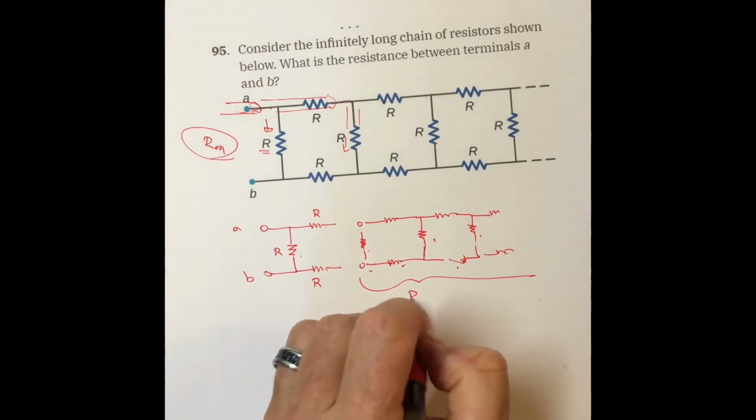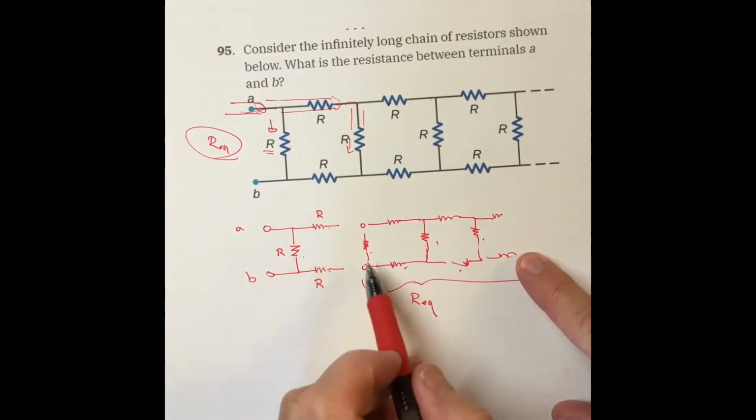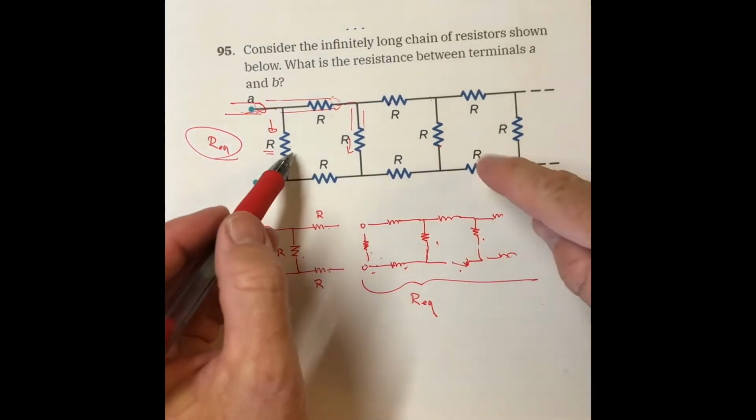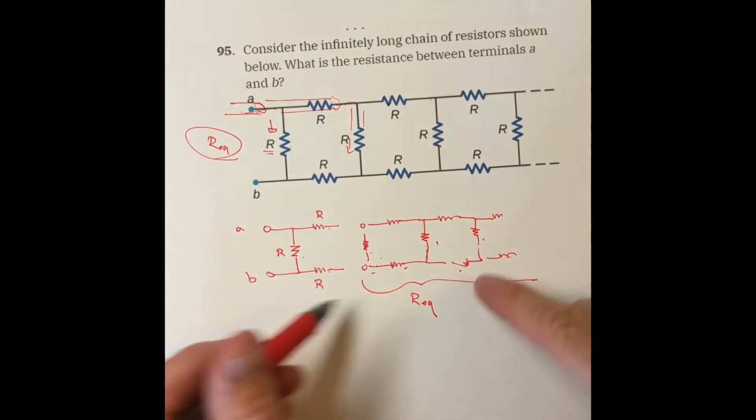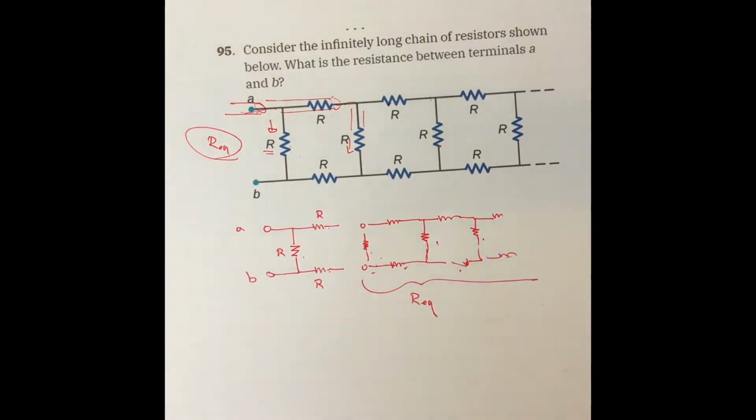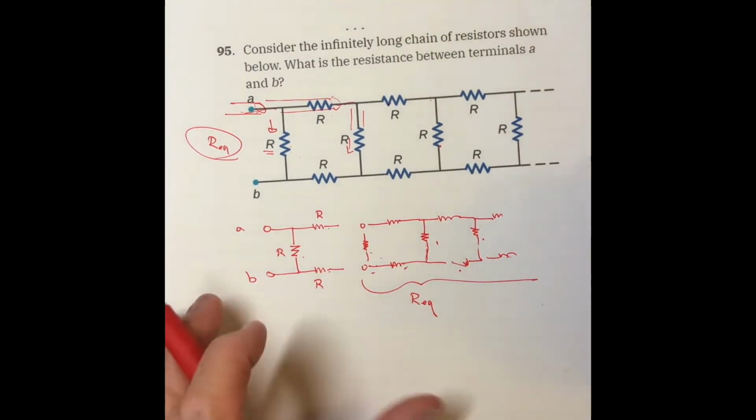Hopefully you can see that all of this is identical to that. I mean, granted, there's one less resistor, but you're talking about an infinite number, and if you take infinity minus 1, you still have infinity. Or in reality, these are thousands of customers, and so you have nearly the same equivalent resistance.